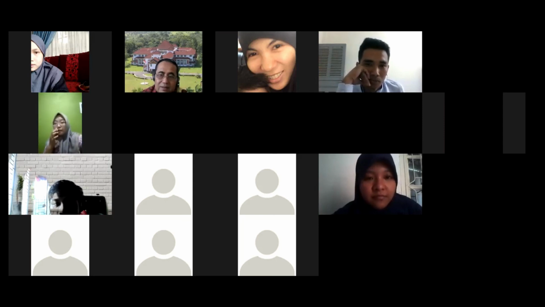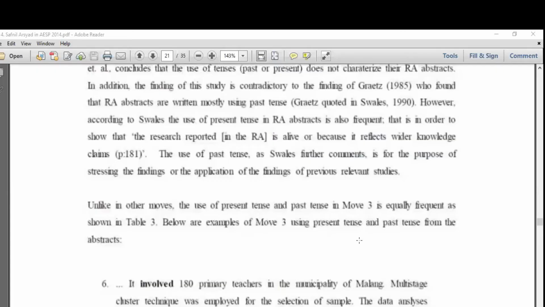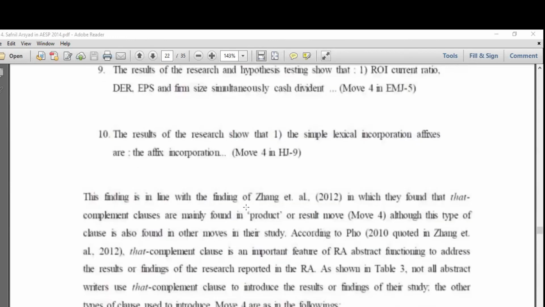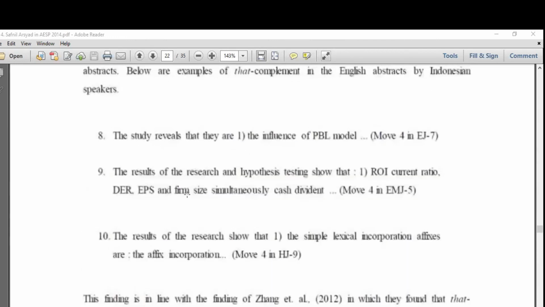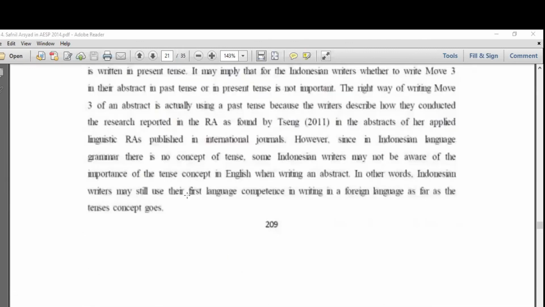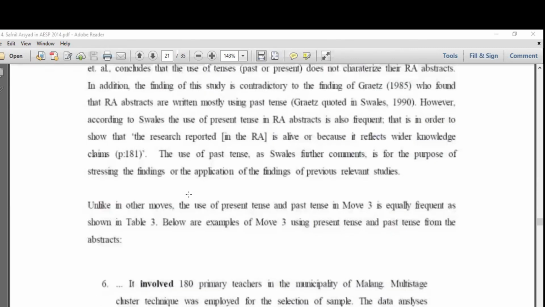Excuse me, sir. When we analyze chapter one, is it the same as how we analyzed any genre before? Yes. Just like this one. The steps are the same. What you have to do is find a model and then show that you understand the model.